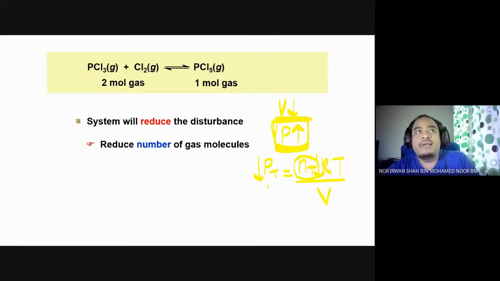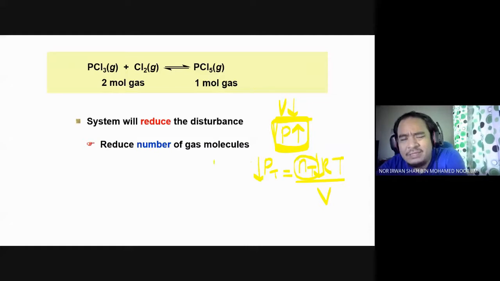We can say that the system will try to reduce the number of gas molecules. That's why earlier in this discussion for this case 1, I showed you the moles of gaseous reactants and the moles of gaseous products, and we are going to use that here.